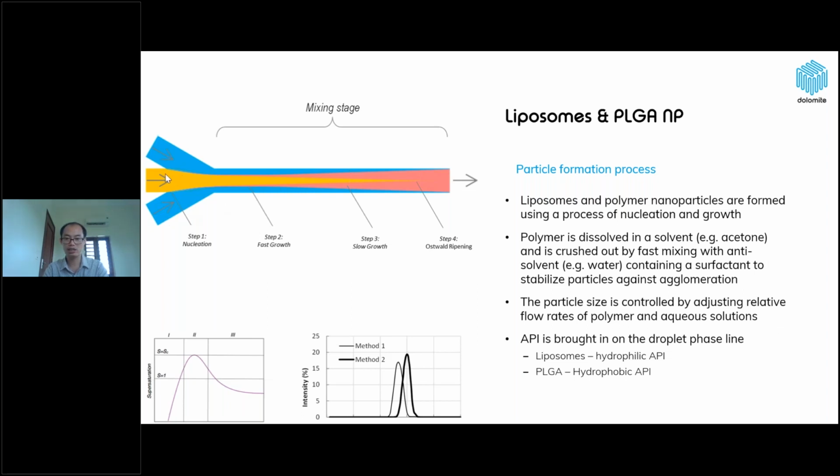For liposomes, we use a hydrophilic API because the liposome lipids are dispersed in ethanol or alcohol, and with PLGA we use a hydrophobic API dispersed in an organic solvent like DCM. In this way, we can make encapsulation of the drug or API inside the nanoparticles.